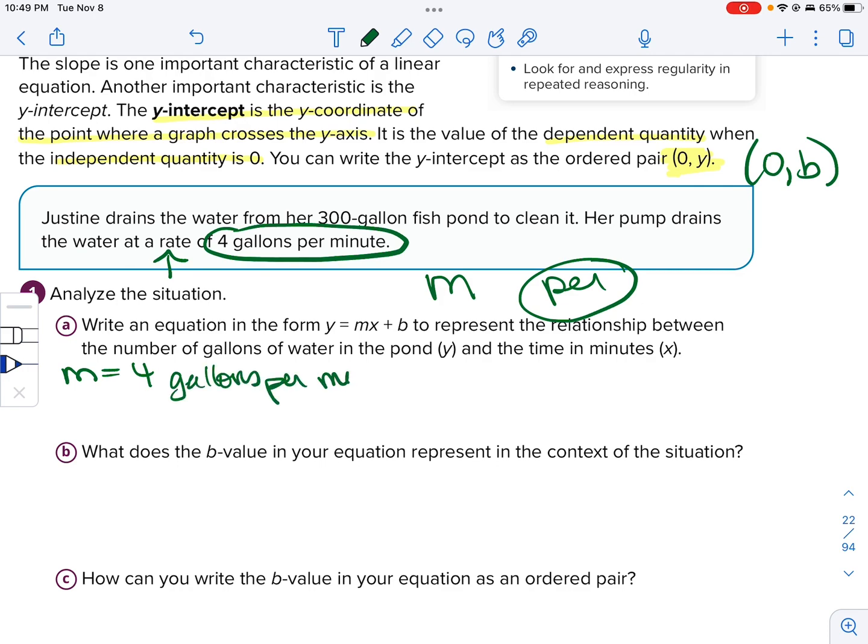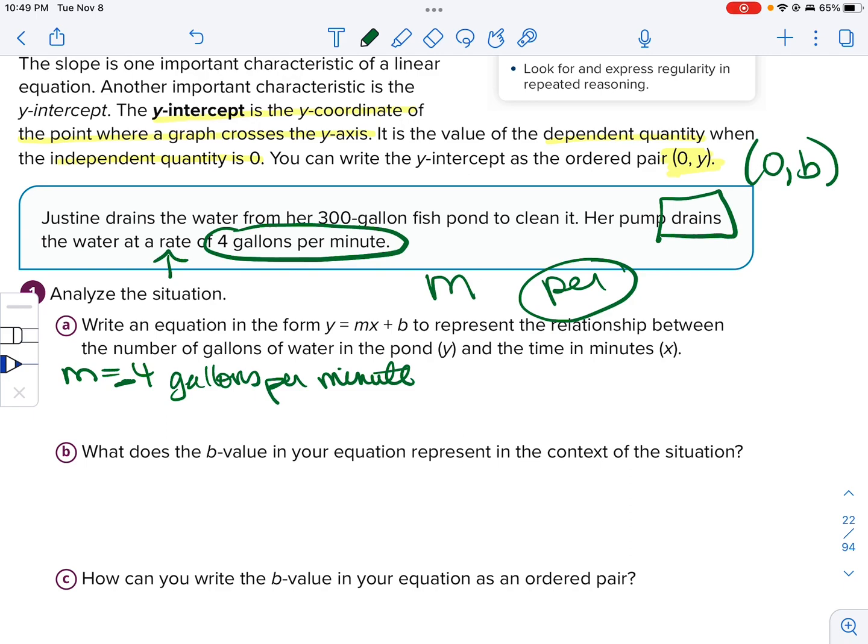Now, you have to be careful. What does this actually say? Doesn't it say it drains? So isn't something getting less and less and less? So that's actually a negative 4 gallons per minute. Okay, it gets less. Okay, then what did we start with?